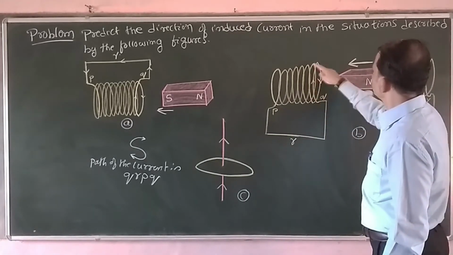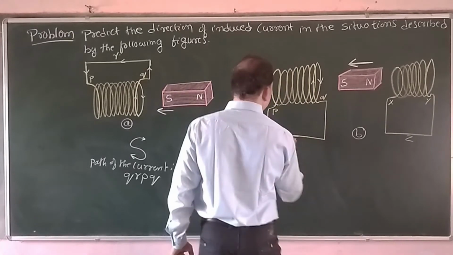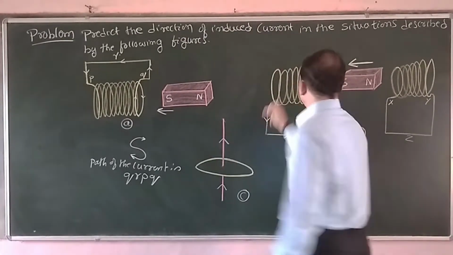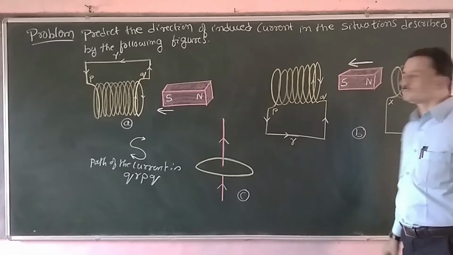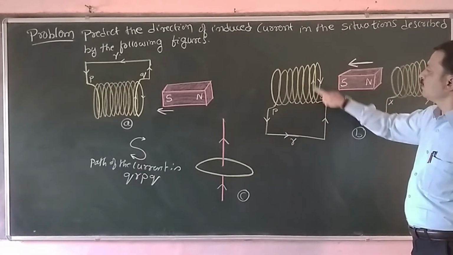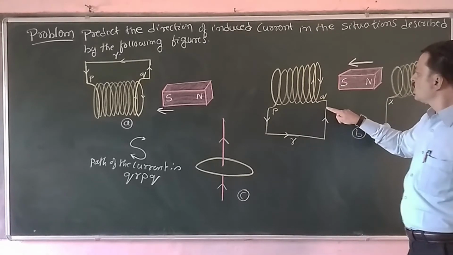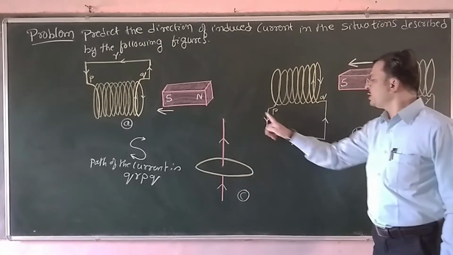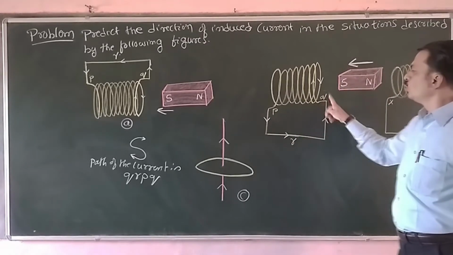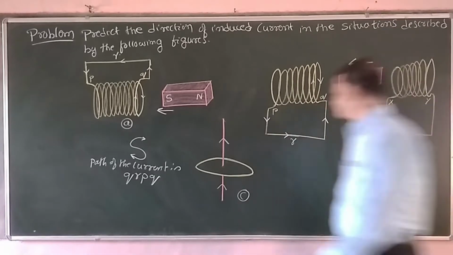So if you look at this one, the current is flowing along P R Q P, this path. Since it should be clockwise, carefully look at this diagram. Now this turn is connected to Q. Therefore, current has to flow along the P R Q P path in this coil.